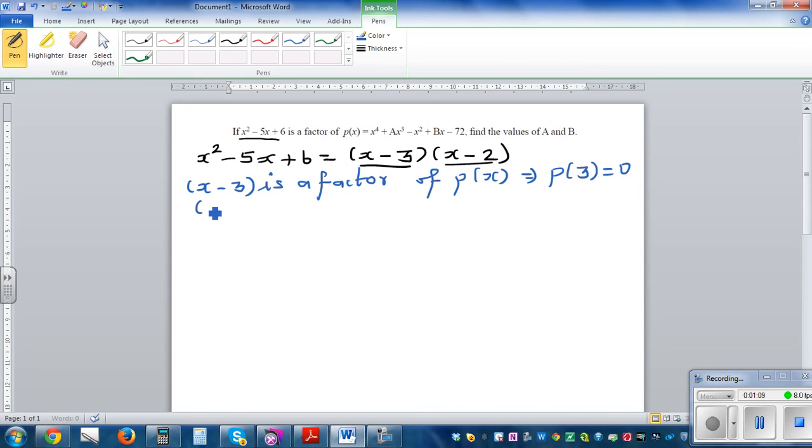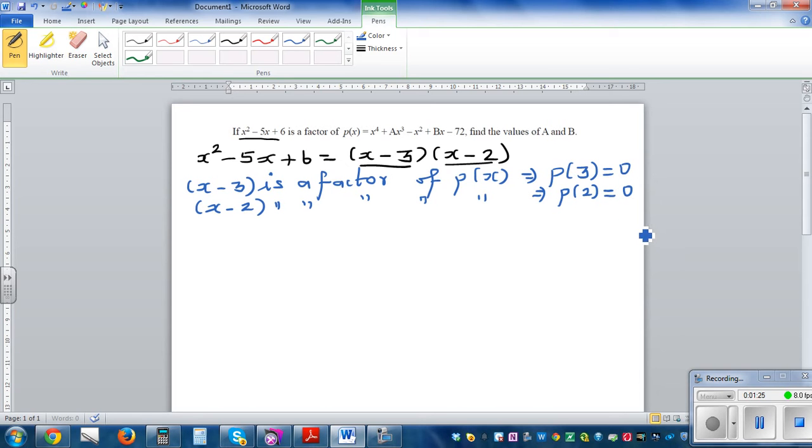Same way we can say x minus 2 is a factor of p of x, which implies p of 2 is going to be 0.